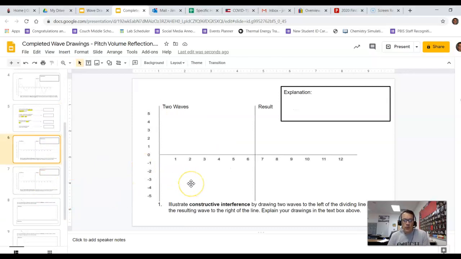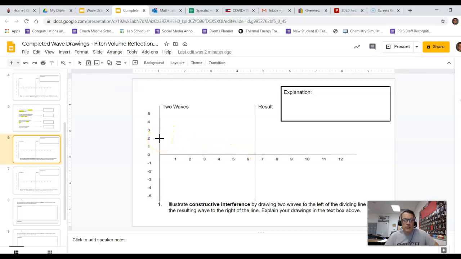All right, we recently talked about how waves interact with one another, so on this one, it said let's illustrate constructive interference by drawing two waves to the left of the dividing line and the resulting wave to the right. So I want to draw two waves, and I guess we could draw them on top of each other, but we don't necessarily have to. Actually, I'm going to draw one above the line and one below the line.